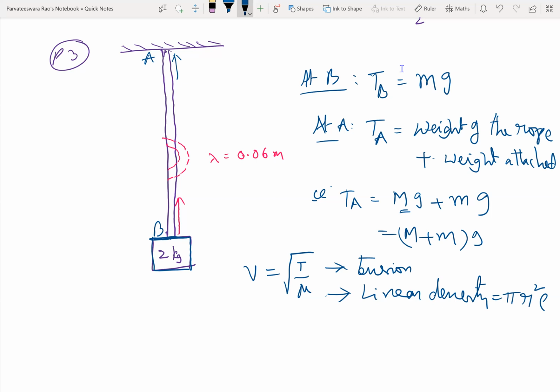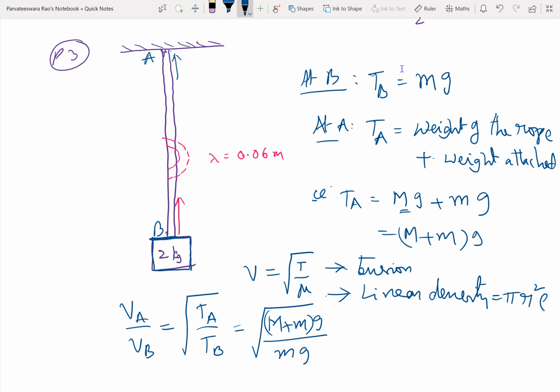So you wanted the wavelengths. First of all, velocity at A to velocity at B is root of tension at A to tension at B. This is root of capital M plus small m into g by small m into g. So g will be cancelled.